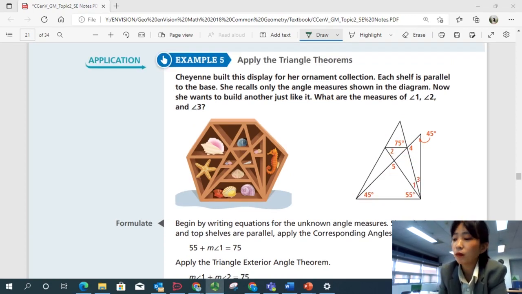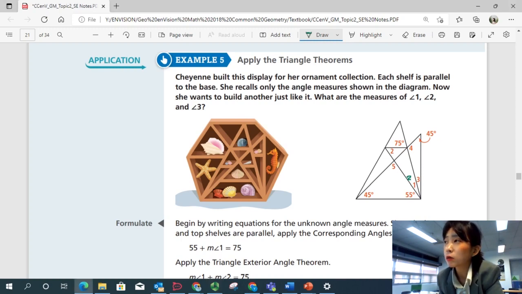Are you ready? So from example 5, we already figured out measures of angles 1, 2, and 3. So 1 is 20, 2 is 55, and 3 was 15. And so using all that information, can we figure out 4 and 5? Yeah.